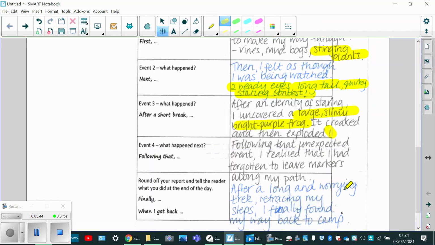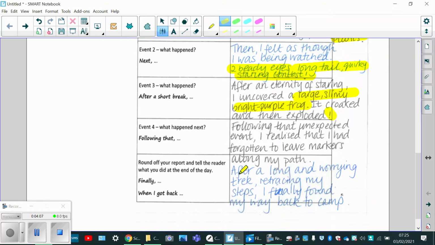My last event that is worthy of talking about, I started with, following that unexpected event, I realised that I had forgotten to leave markers along my path, meaning that I had forgotten to leave a trail that I could follow on my return.